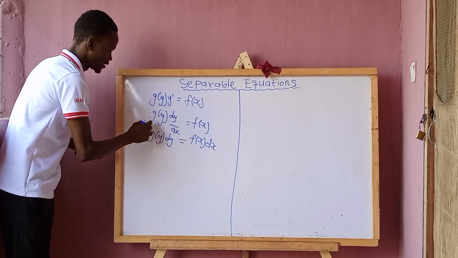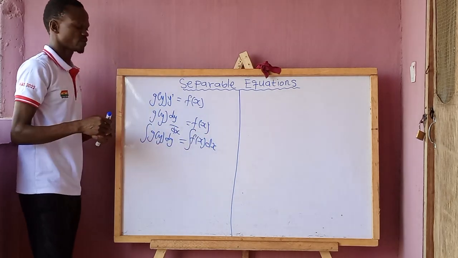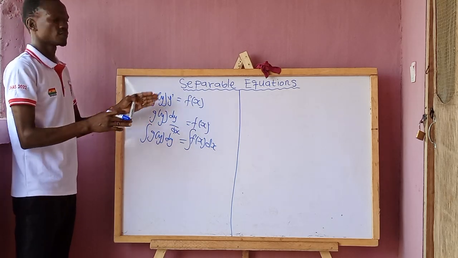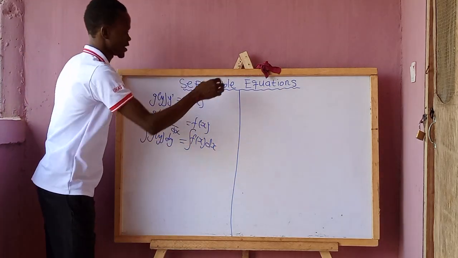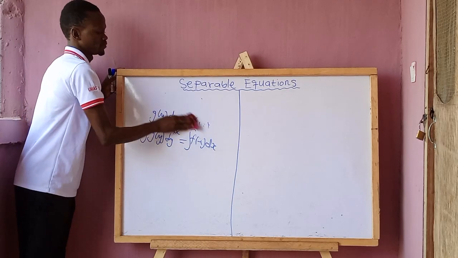That is, we integrate this side with respect to y and integrate this side with respect to x. So this is basically how we solve separable forms of equations.